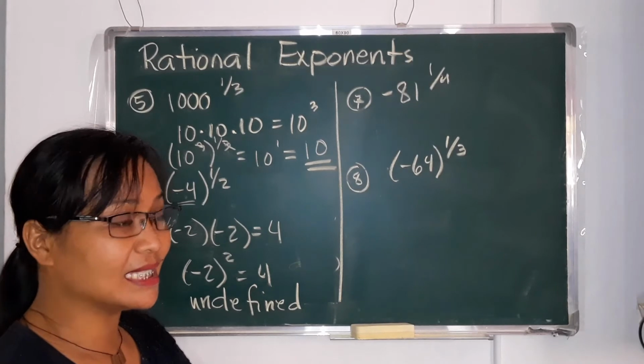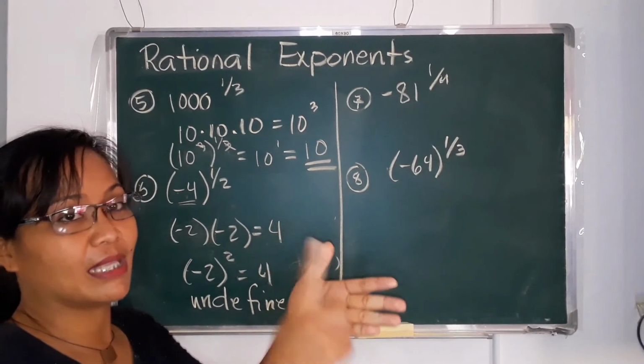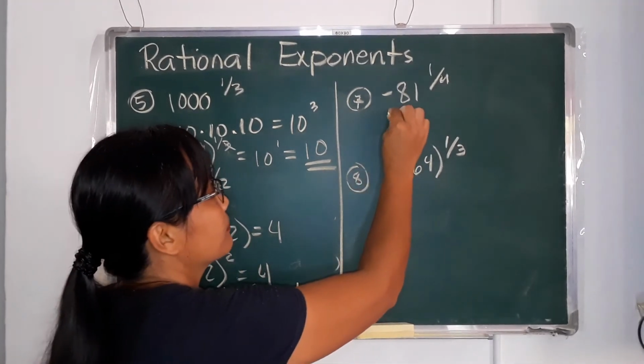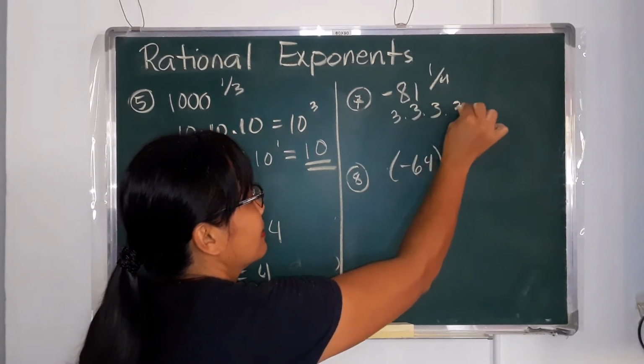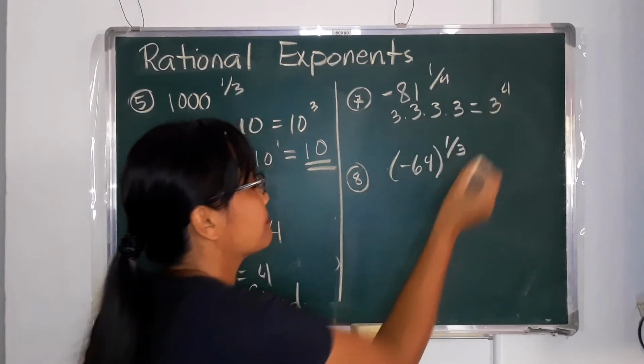So let's try 3. 3 times 3, 9. 9 times 3, 27. 27 times 3, we have 81. So we have 3 raised to 4. 3 times 3 times 3 times 3, or in exponential form, 3 raised to 4.